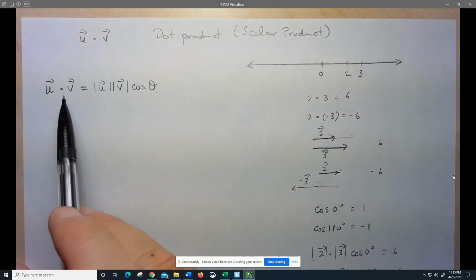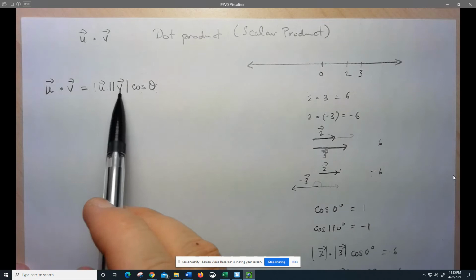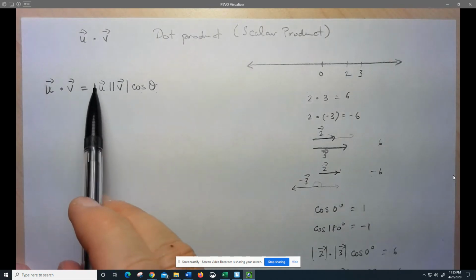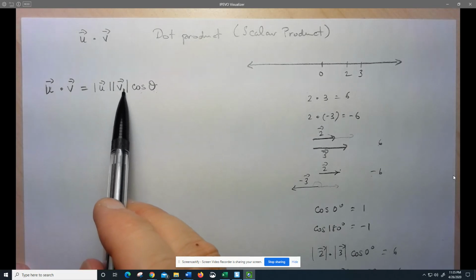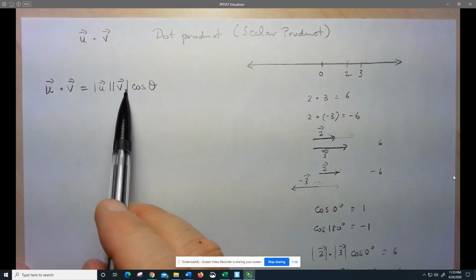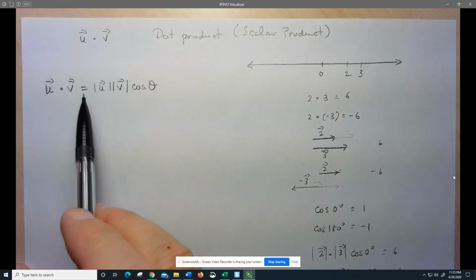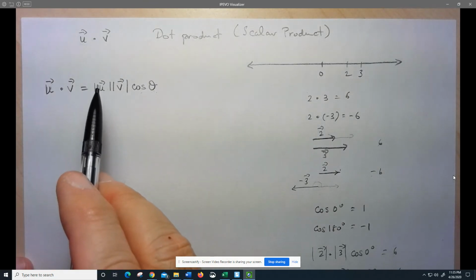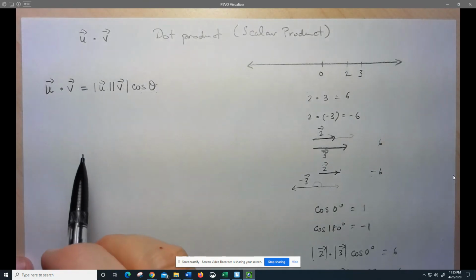And certainly if I'm dealing with geometrically defined vectors, this is a perfectly good definition, because when a vector is defined geometrically, I know the magnitudes, I can figure out the angle between them. This is easy to calculate, but not very easy to calculate using algebraic vectors.